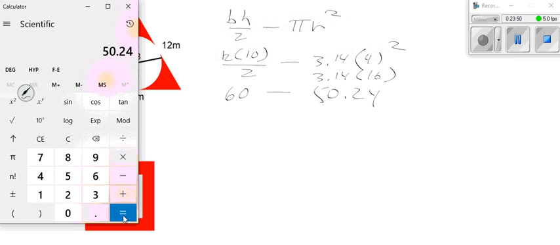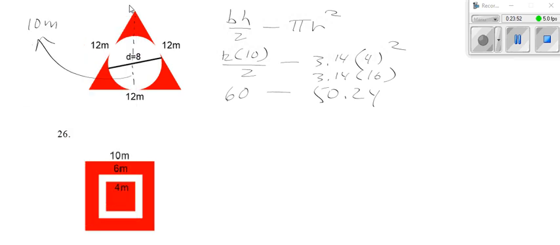Right? So now that I have that, 60 take away 50.24 is 9.76 meters squared. A lot of people who try to do that in their head say 9.86, right? But it's 9.76 for this fraction. And that's your solution to question 25.